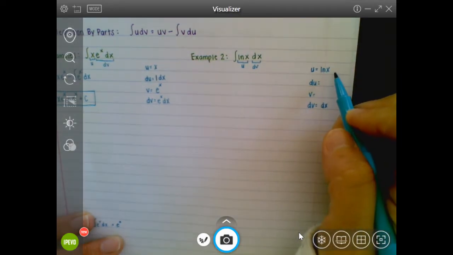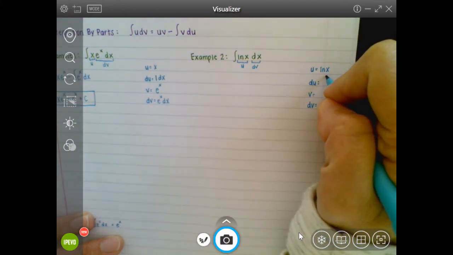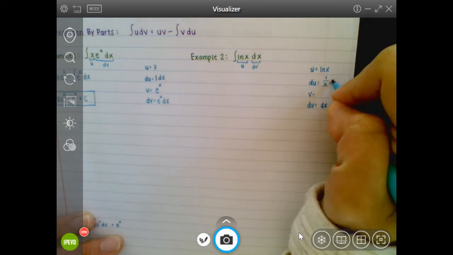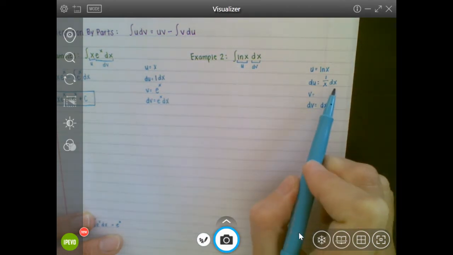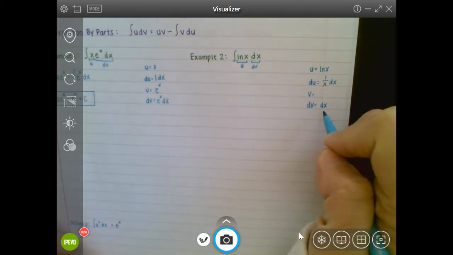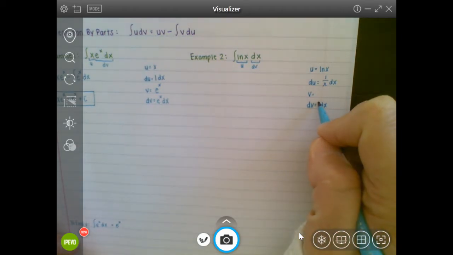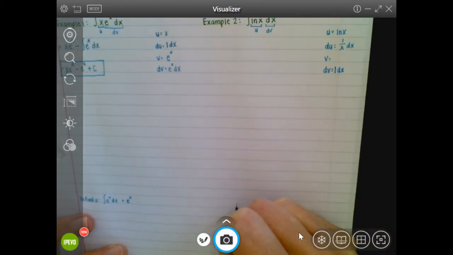So I'm going to start with the u. So u is equal to ln of x. What's its derivative? Well, we know that its derivative is 1 over x, and we're taking the derivative with respect to x there, so we have to put the dx. And this is basically telling us we have dv is equal to dx. Well, dx technically has a coefficient of 1 in front of it. So I'm just going to do this work down here again.